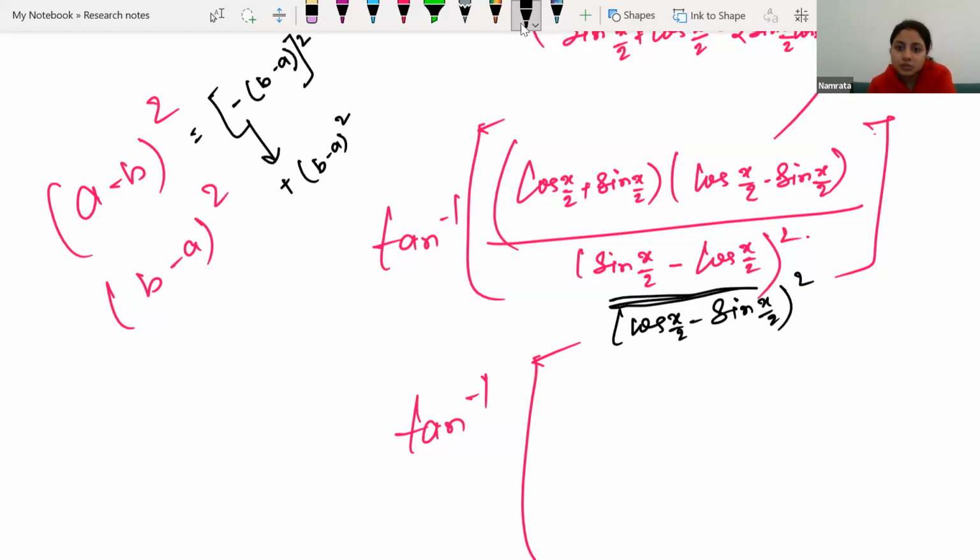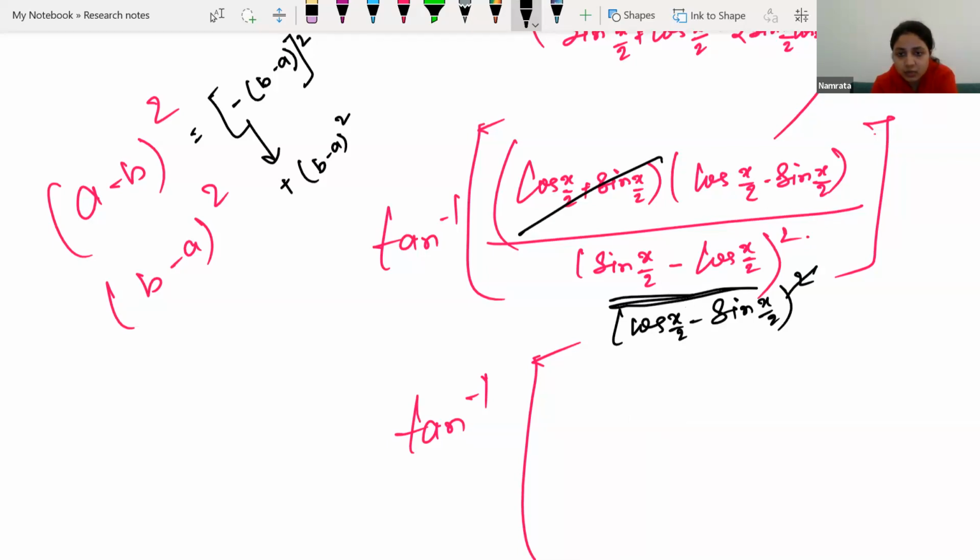So I am going to write this one as cos x by 2 minus sin x by 2 whole square, because due to the square, it's the same thing. This one and this one will get cancelled out. Don't get confused that there is a denominator over there, no. Oh, sorry, I cancelled the positive one.